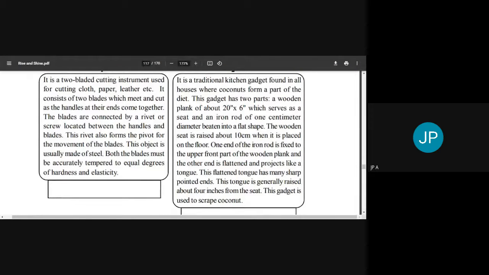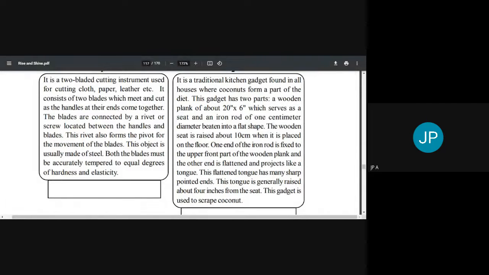That's right, Sri Lakshmi. First one is a pair of scissors. A pair of scissors. And the second one? Many may not know the English word.